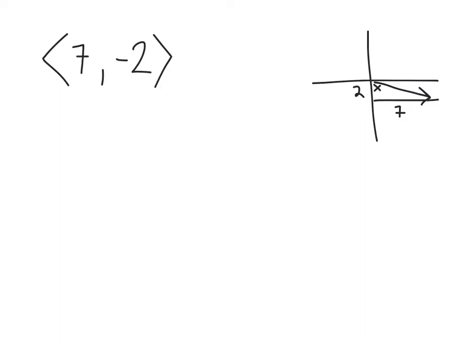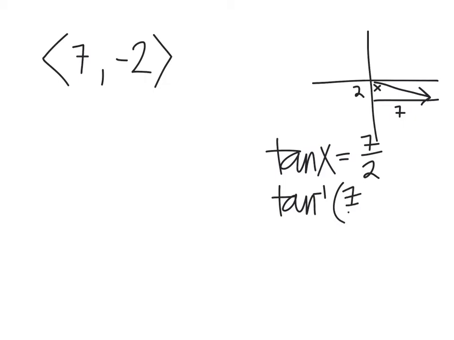So I'm going to say the tangent of x is equal to opposite over adjacent, so 7 over 2. So in my calculator, I will take the inverse tangent of 7 over 2. And the inverse tangent of 7 over 2 is 74, we'll say 74.1 degrees.